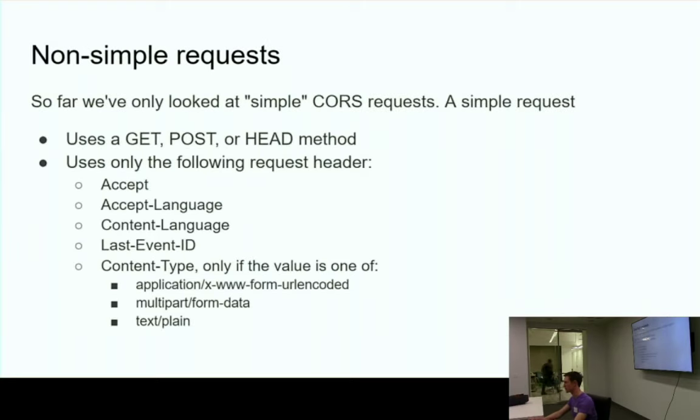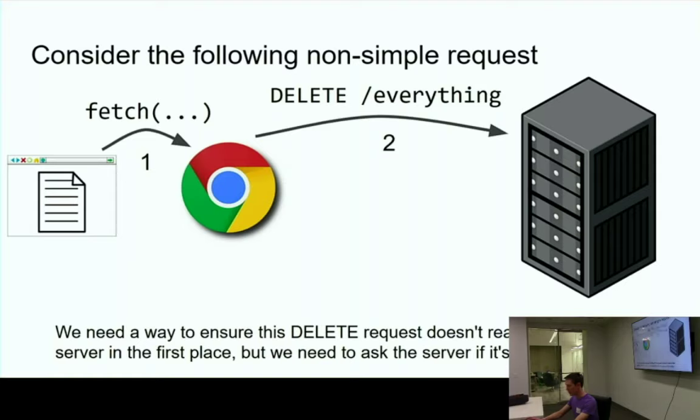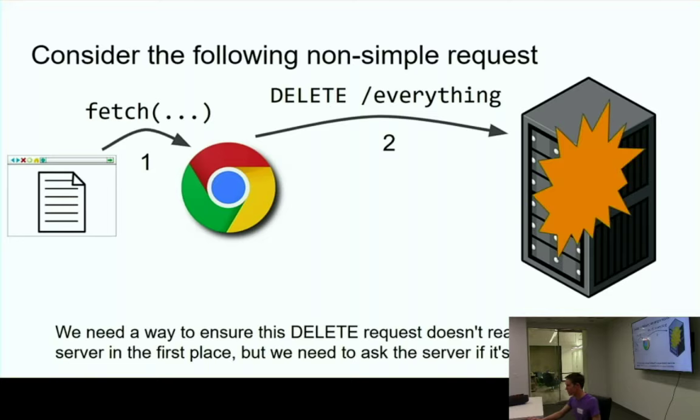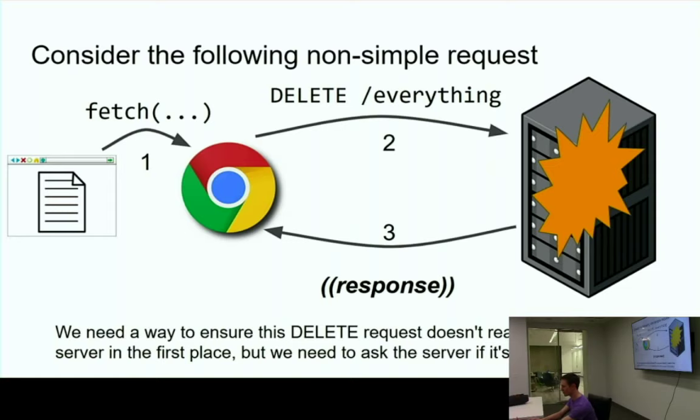So you only allow these three verbs. Imagine if the server was just like, yeah, cool, I'll do that. When it gets back here, the decision of whether we let the script see the response from the server doesn't matter. It already sent the delete verb to the server.